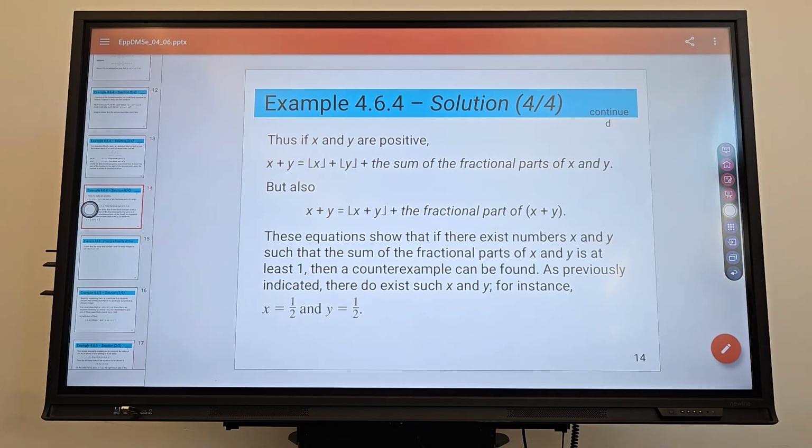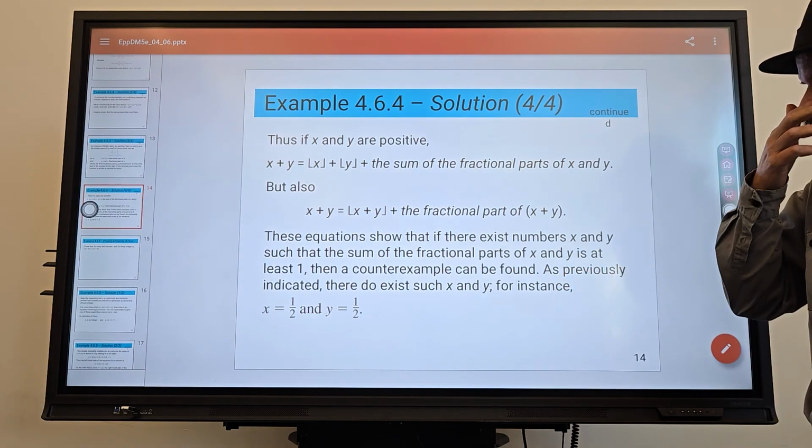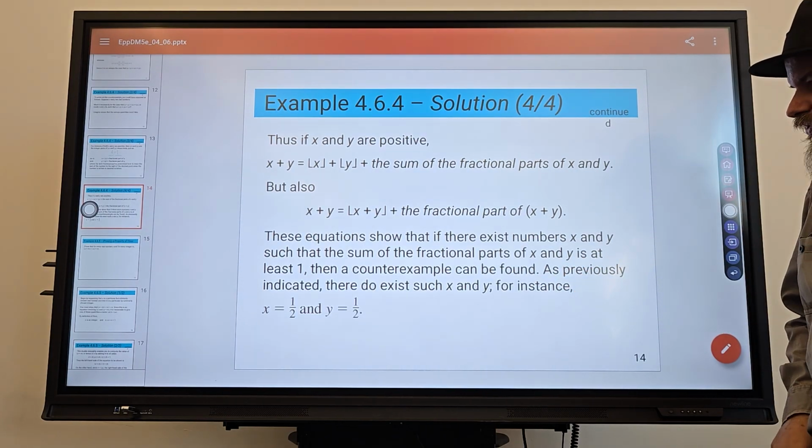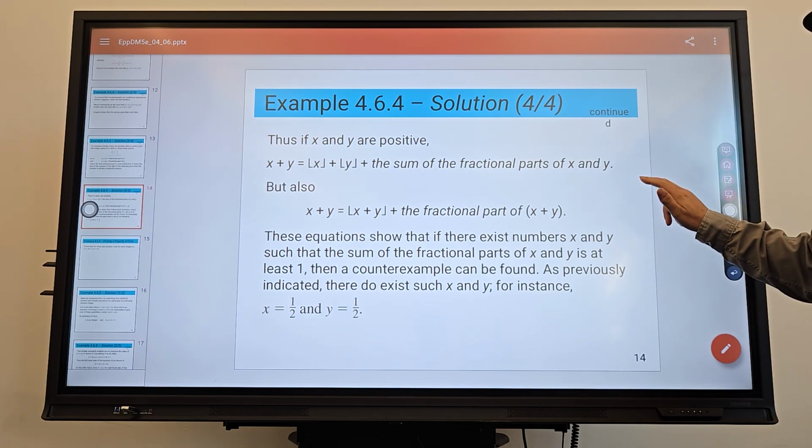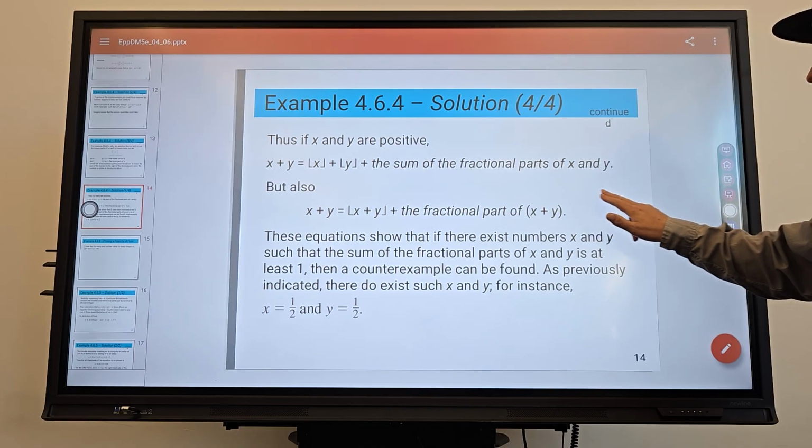If the sum of the fractional parts is greater than or equal to 1, then it doesn't apply. So if the fractional part of x is 1/2 and the fractional part of y is 1/2, then the sum is equal to 1, thereby throwing off the calculation.